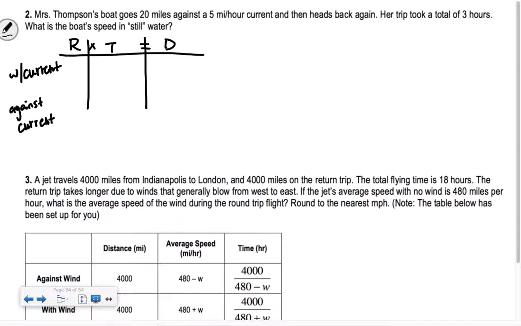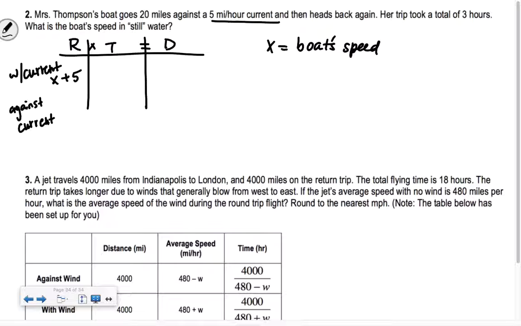Okay, so anyway, we go 20 miles against a 5-mile-per-hour current, so that's how fast the current is. We want to know the boat's speed in still water. So if there had been no current at all, how fast could that boat go? So x is boat speed. With the current, the boat is going to go faster, so it's going to be x plus 5, right?